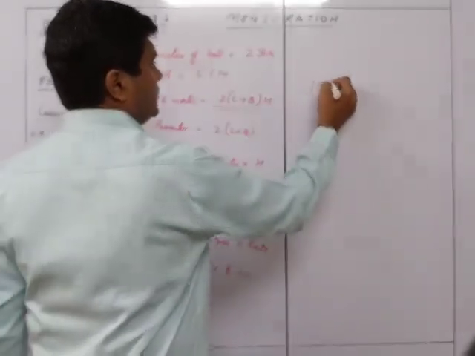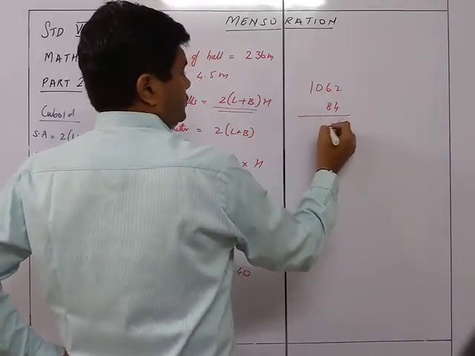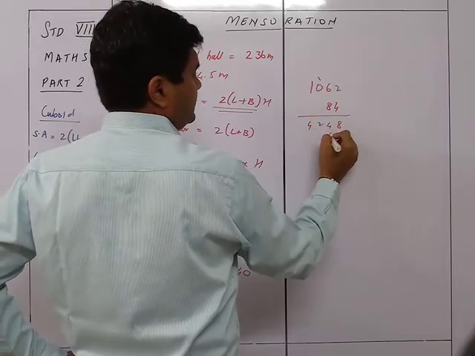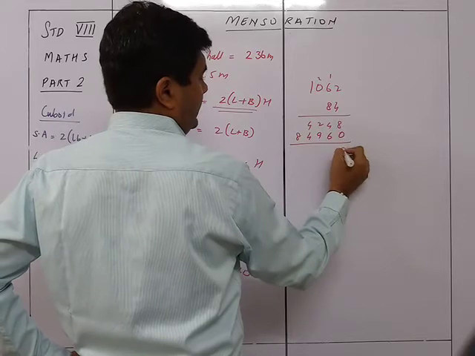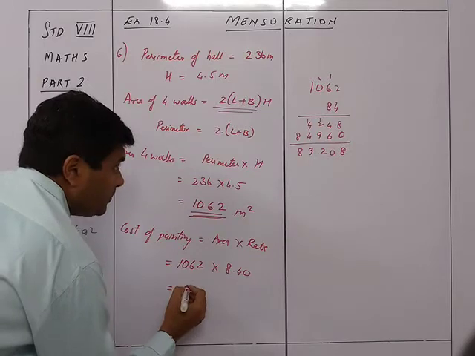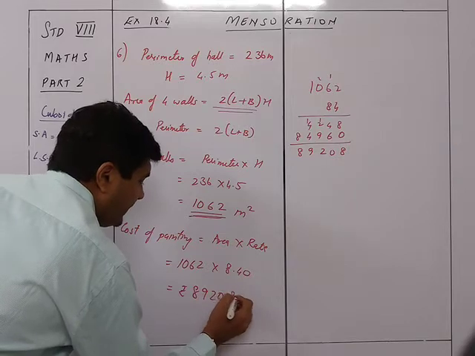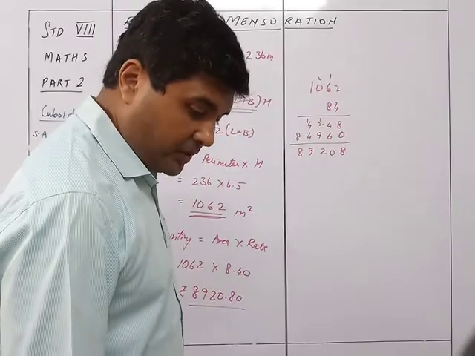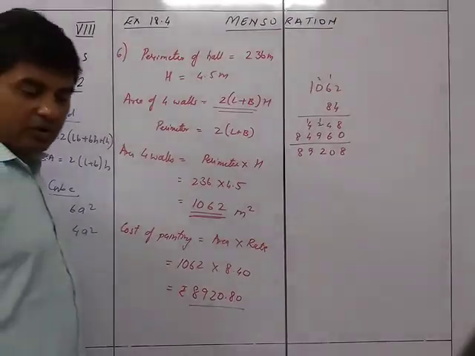So it is 1062 into 84. 8 2s are 16, 48, 49, 8, 10, 12, 9, 8. So that will be equal to rupees 8,920.80 paisa. Okay. So the answer to question number 6 will be equal to 8,920.80 paisa. So that's your answer for sum number 6.